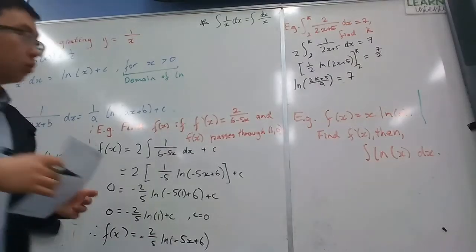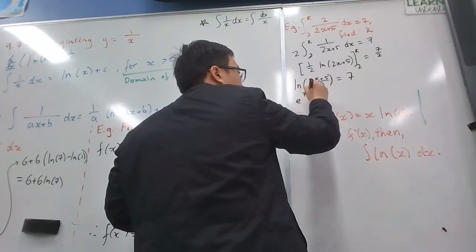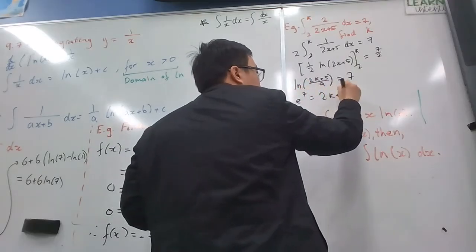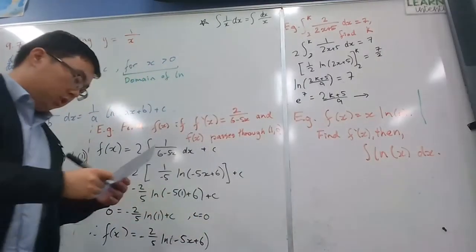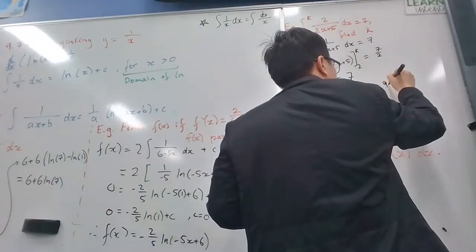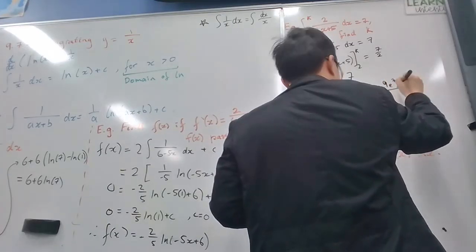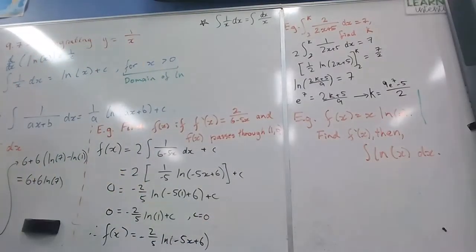So you're applying your log rules. You would go to e to the power of 7 equals 2k plus 5 over 9, which, solving that, you end up with k equals 9 e to the power 7 minus 5, all over 2. If I'm skipping over a step, by the way, and you don't really understand the process behind the step, I am expecting you to know it, so please make sure you go and revise that in your own time.